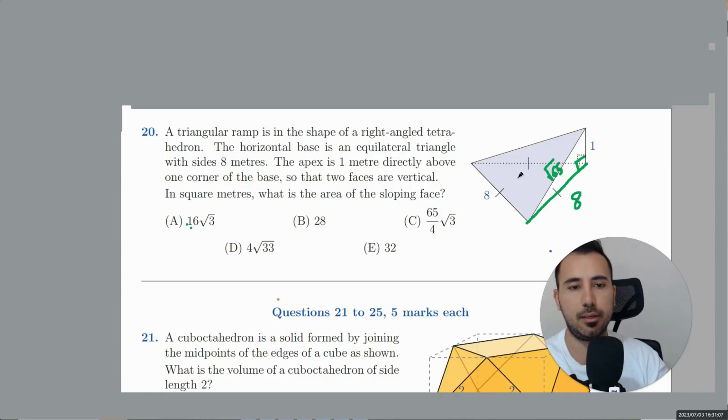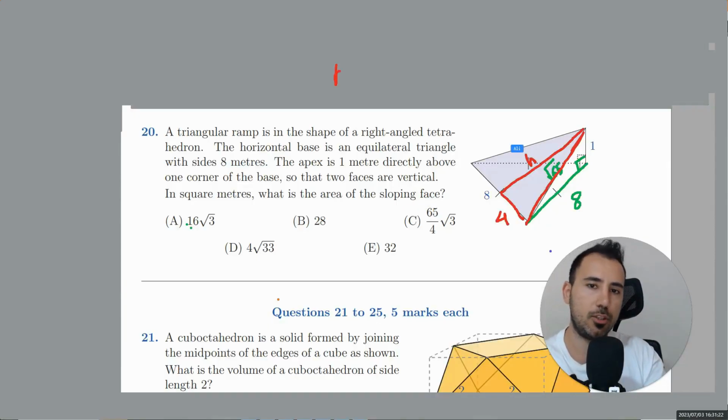Again, another Pythagorean theorem. This one is 4. This is hypotenuse. This one I'm going to call it h. So h squared plus 4 squared equals square root of 65 squared, which is 65.